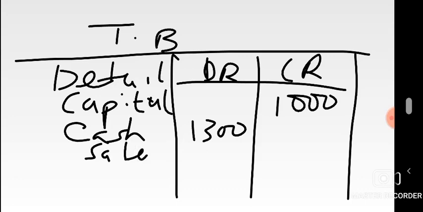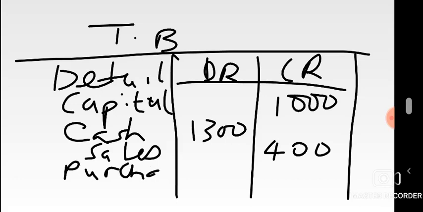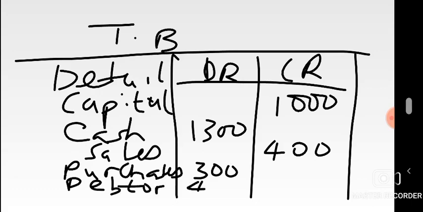Sales was in our video, 400. Then we had purchases of about 300. We had debtors, 400. Are we done?